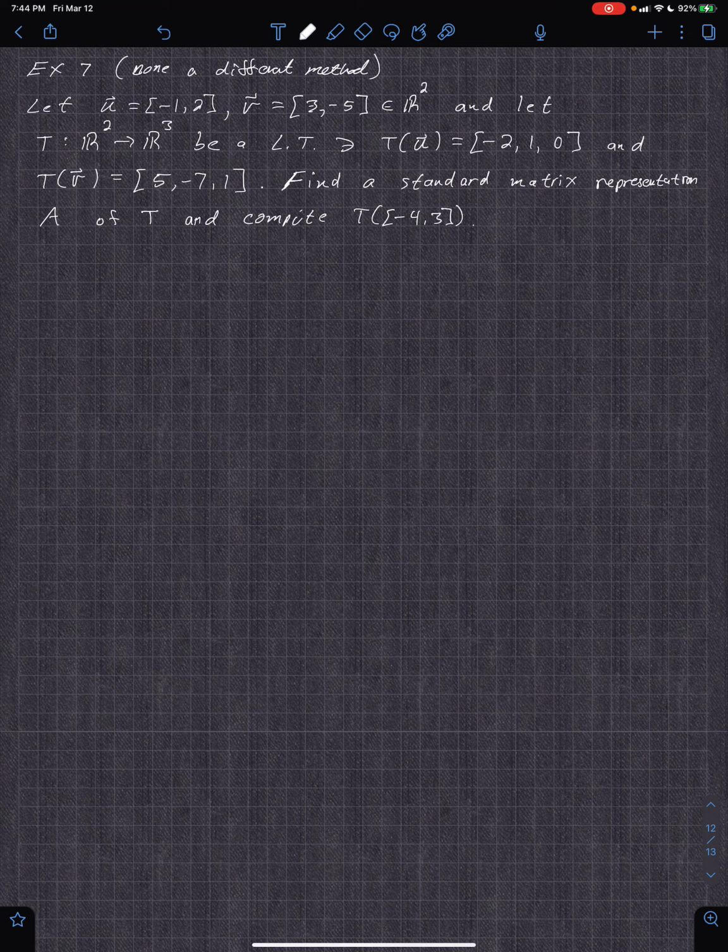Okay, so we have that T of the vector negative 1, 2, which is my U, is equal to negative 2, 1, 0, and T of 3, negative 5 is equal to 5, negative 7, 1.